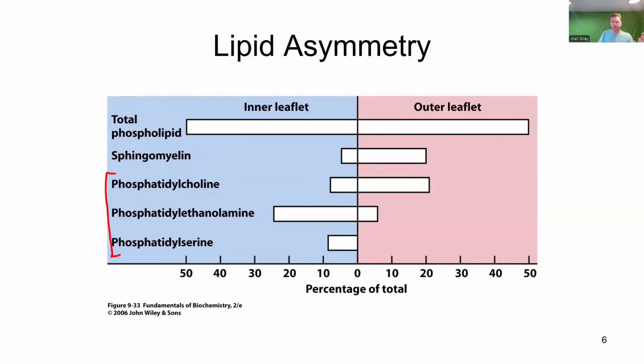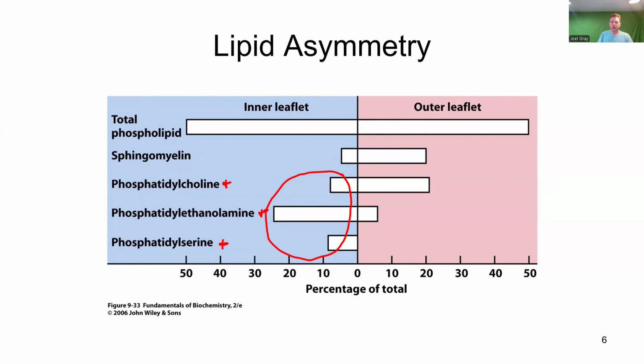It's not so important that you know what these are, but recognize that the distribution of them is not even. Phosphatidylcholine, phosphatidylethanolamine, and phosphatidylserine are what is shown on the inside of the membrane.